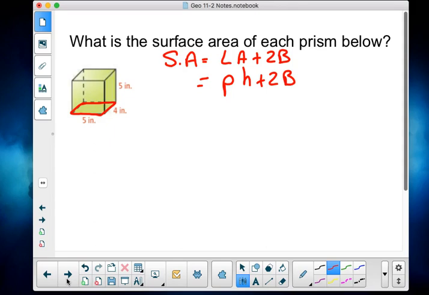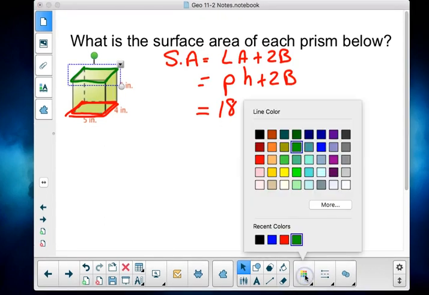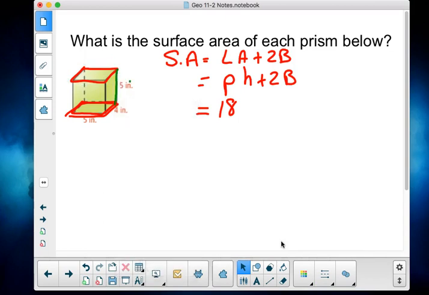Okay, here's the deal. If I'm using the 5 inch by 4 inch base, I've only got half the perimeter. That's 9. The other half of the perimeter is 9, so my perimeter is 18. The two bases, maybe I should make that red, the two bases are separated by this, which is 5 inches.